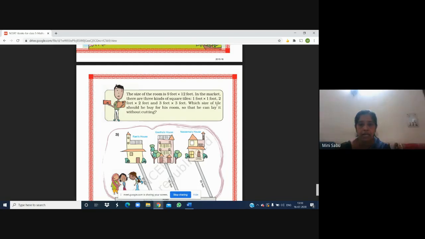And similarly, suppose he is buying 2 feet into 2 feet. With six tiles, he can cover 12 feet. But what about this 9 feet? He will have to cut the tile. But he does not want to cut the tile.